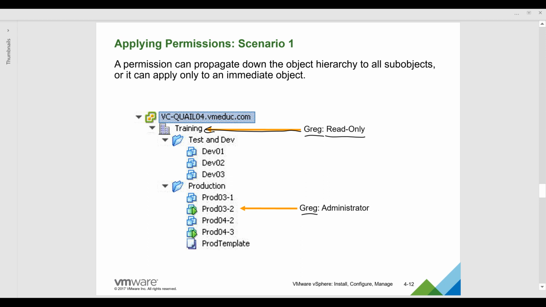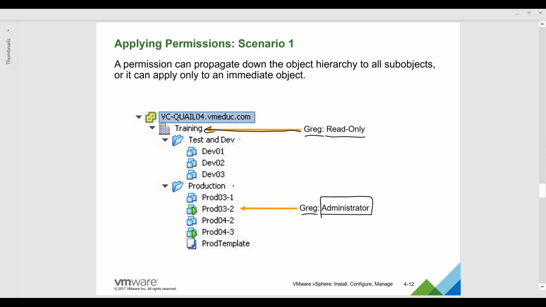The role is propagated to all child objects except one, right? The Prod 032 here, because under the training data center we had our test and dev and our production site, Greg has been assigned the administrator role.